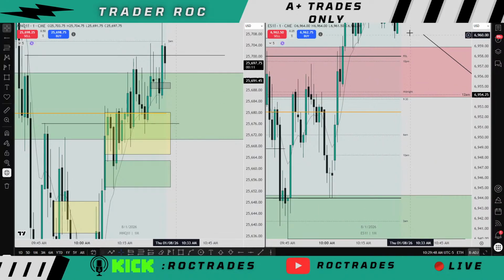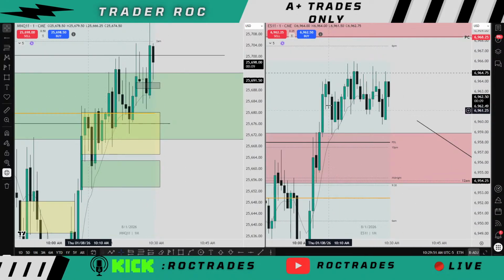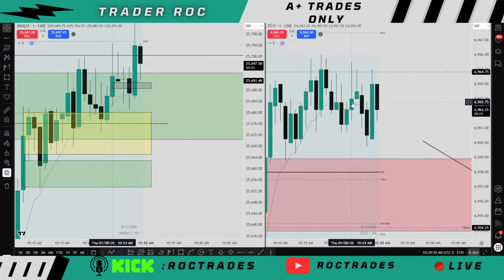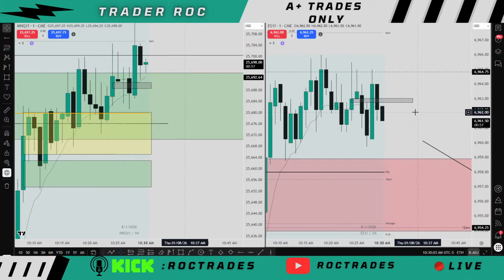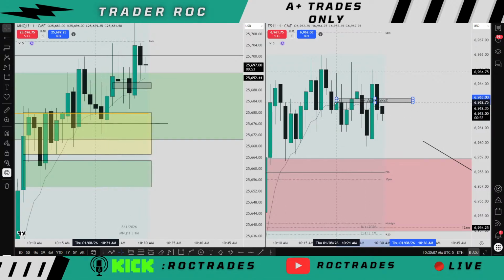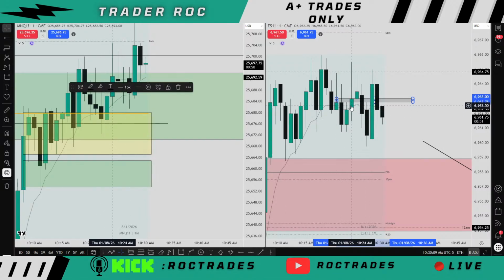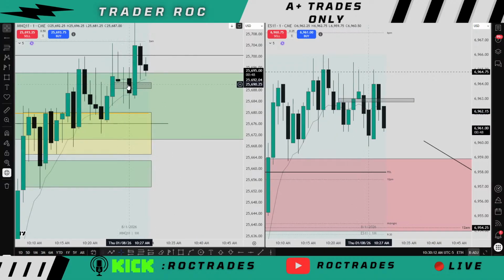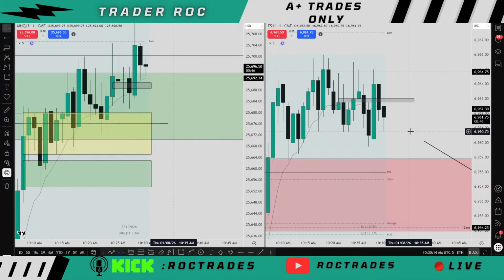The one thing that I notice is I don't see any of those fair value gaps. Oh, yes, I do. There goes your fair value gap right here. Let's see if it holds up on ES as well. Same level, same time, 1024. You get a 1 minute fair value gap that's holding on NASDAQ.